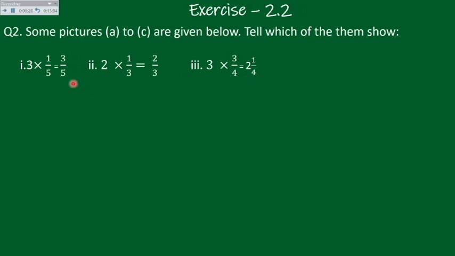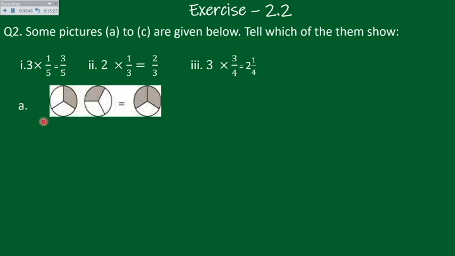This question is similar to the previous one. The only difference is here we also have to represent the answer of it. Okay, so see how we have to do this. First see all the figures.